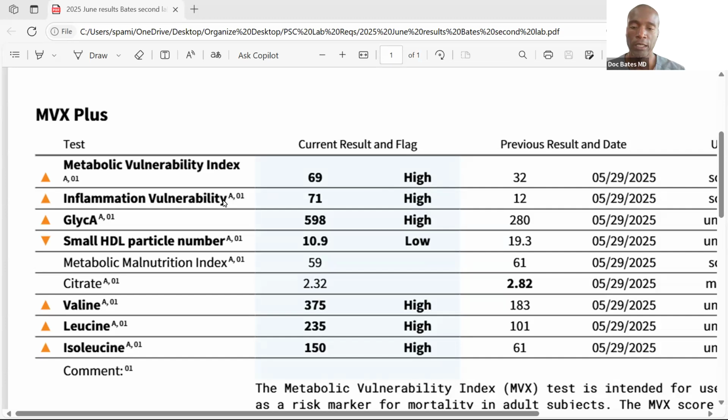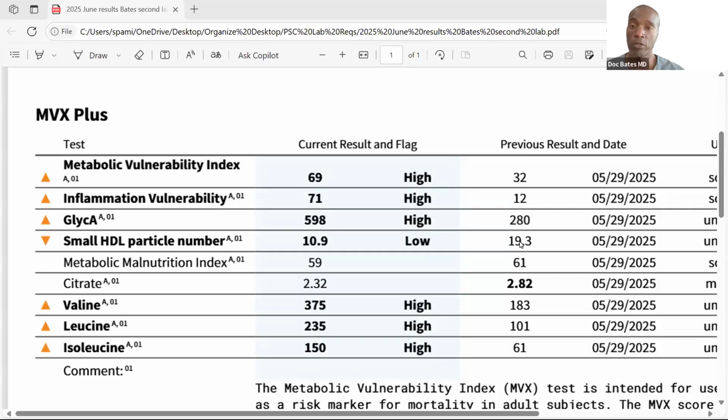And the inflammation vulnerability index, now that's made up of 2 clinical factors that are measured here. One is glyc-A. So we see on the 29th of May, glyc-A was 280, nice score. Anything under 300, acceptable. Lower is going to be better. The small HDL particle, we want that to be right around 20.